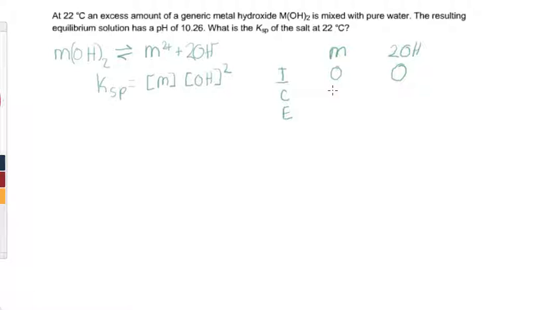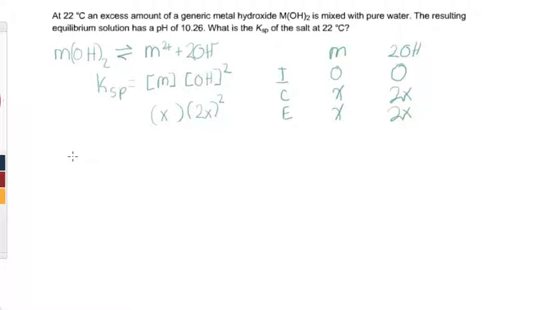But then I'm going to get a change, and for every 1 mole of metal I get, I'm going to get 2 moles of hydroxide. So that means at equilibrium, I have x and 2x, so that's x times 2x squared. But the question is, what does 2x equal?